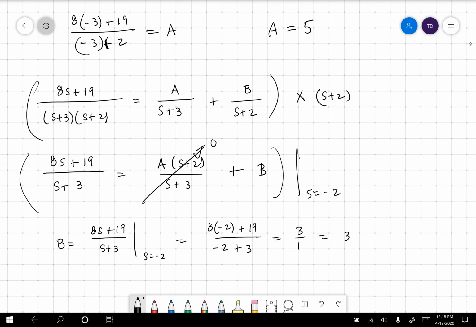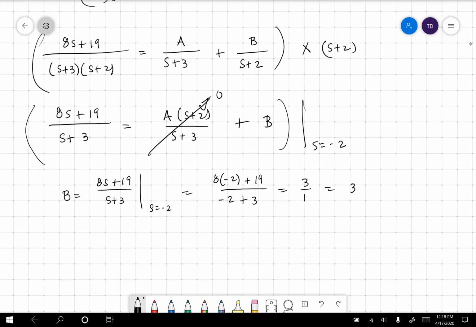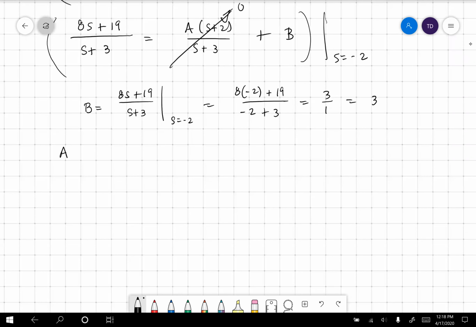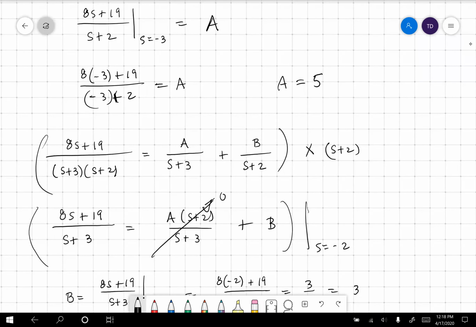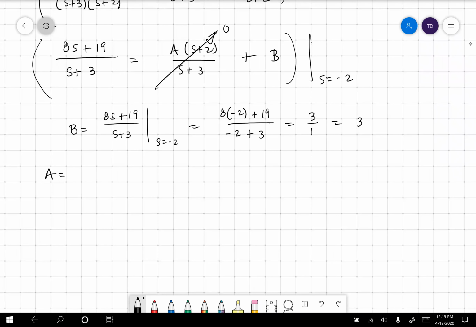So we now have the values of A and B. Just a reminder, A equals 5, and B equals 3. So this is what I claim.